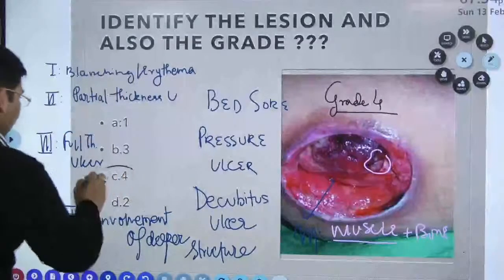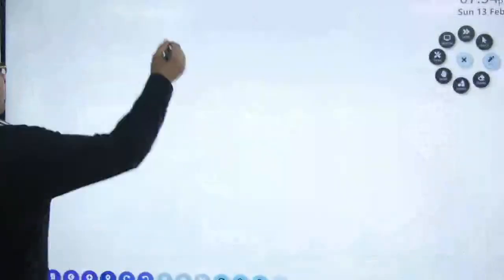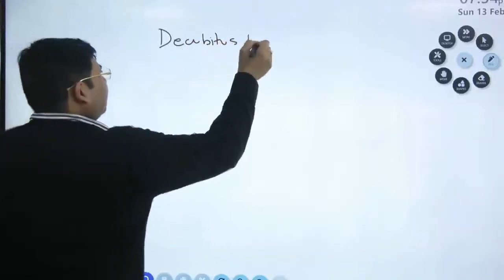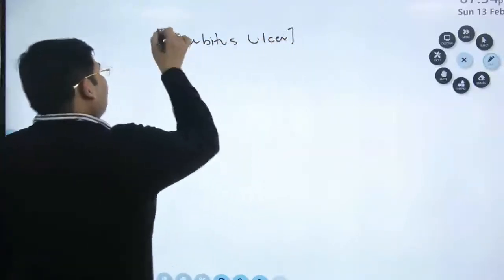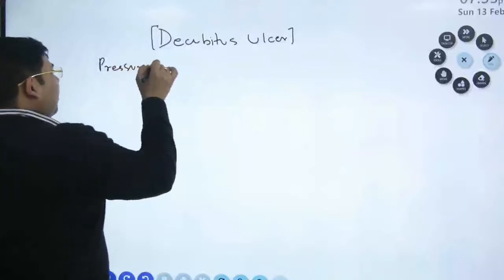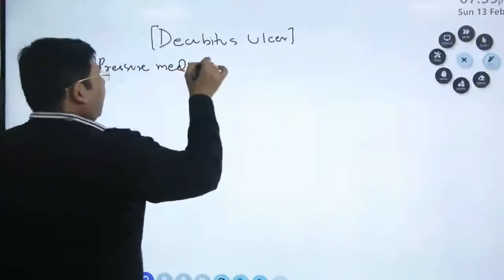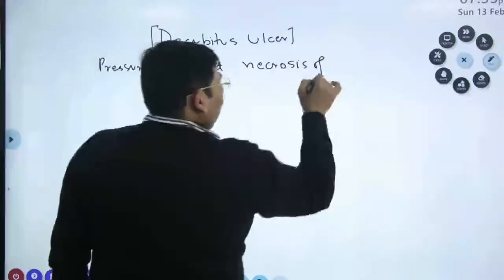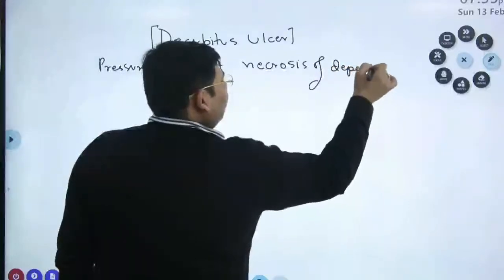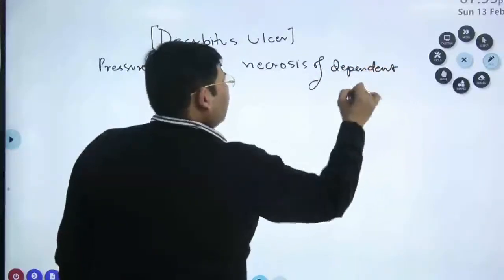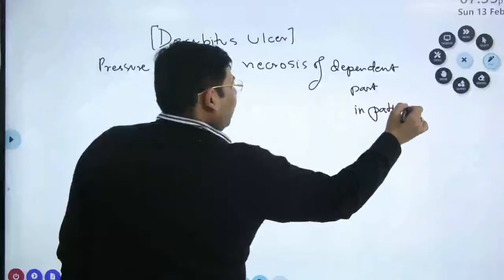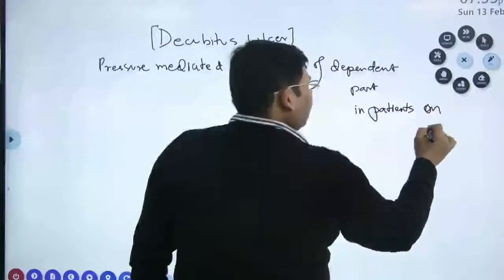So I hope the answer is C. So when we talk about the decubitus ulcer, this is nothing but pressure mediated necrosis of the dependent part in patients on chronic immobilization.